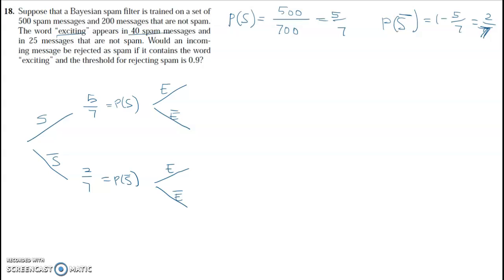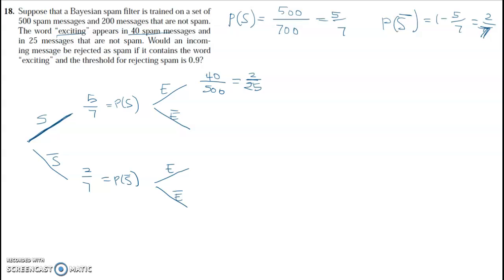So this was 40 spam messages. So this was 40 out of what's the total number? We're in this realm of the spam messages. So our total is not 700, but instead this would be 500. I think that's the catch that most students tend to make. Okay, so this reduces down to 2 over 25, and again we're using 500 because we are already assuming that we are in the branch of the spam messages.